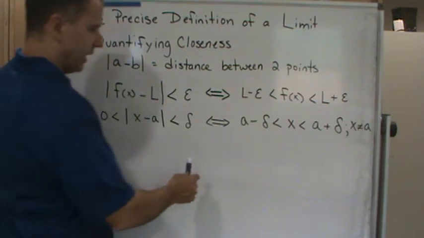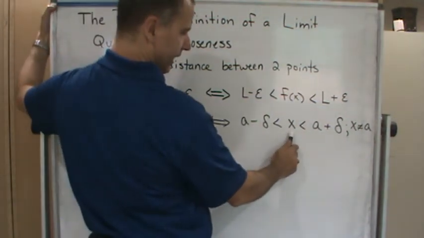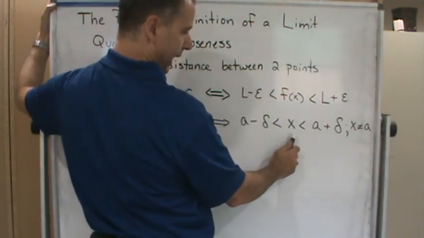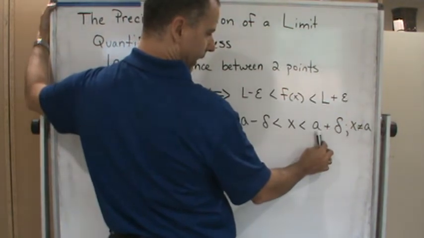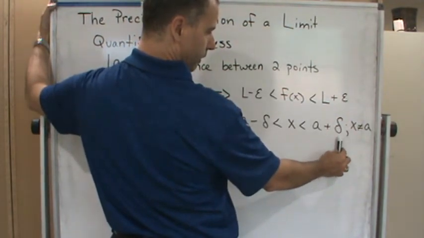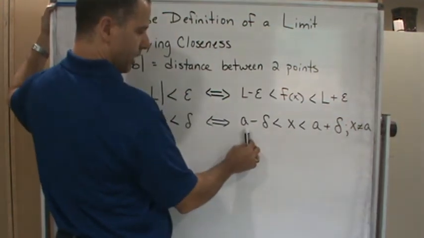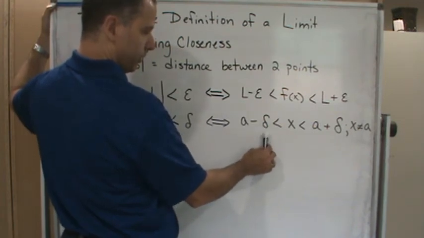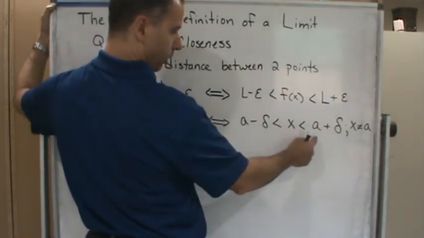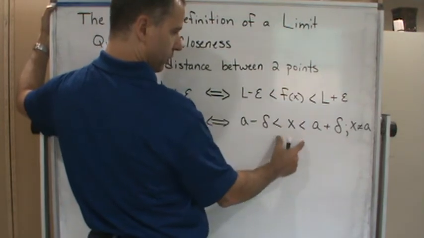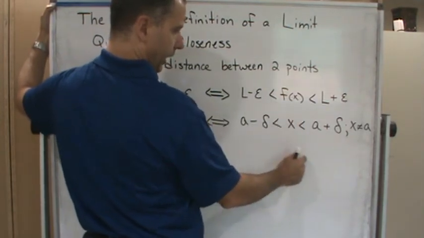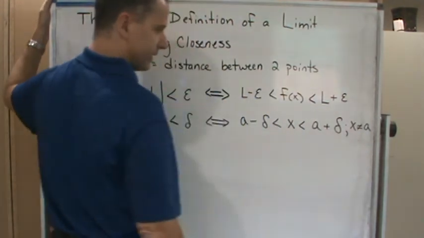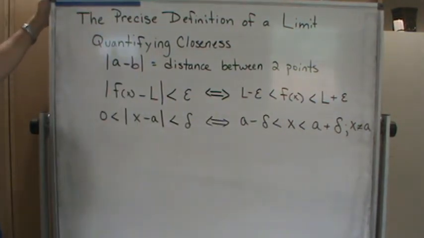Which again is equivalent to saying that x is going to be within this band of a plus some real number delta and a minus some real number delta. So we have this interval, right? This is interval notation that we're looking at. And of course, we're also saying that x is not equal to a in this case.